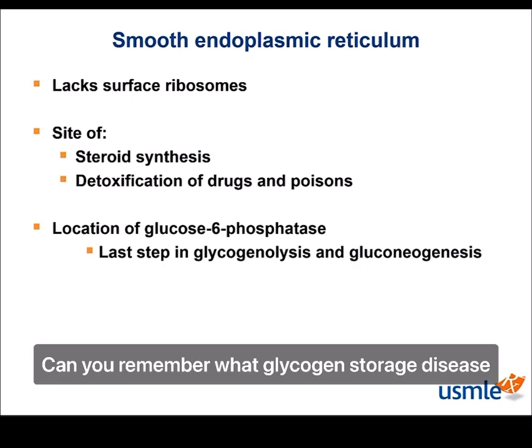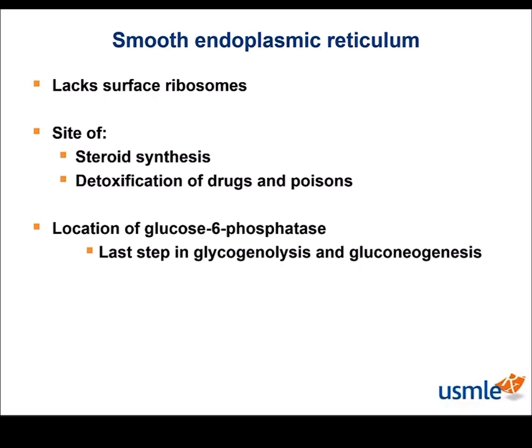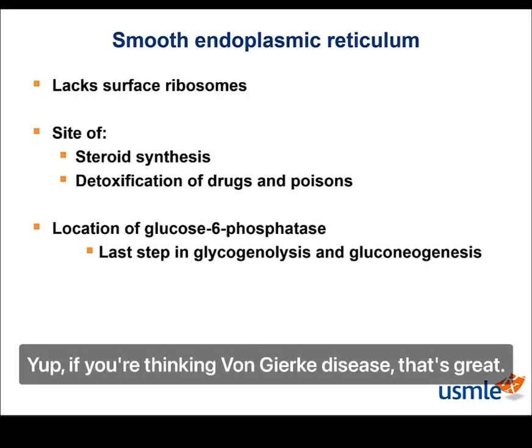Can you remember what glycogen storage disease has glucose 6-phosphatase as the enzyme that's deficient? Yep, if you're thinking von Gierke's disease, that's great.